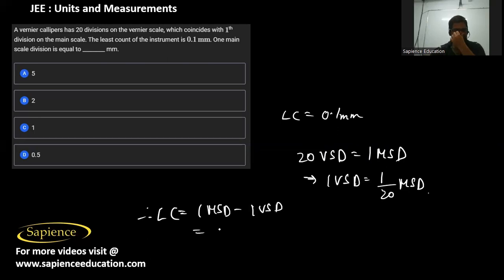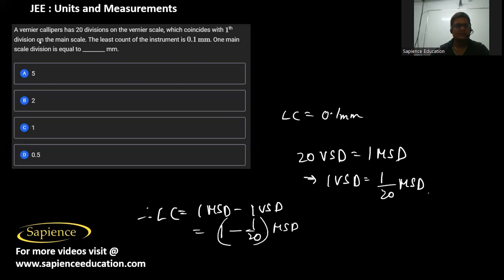So that will be equal to 1 minus 1 by 20 main scale division. And I think there is some mistake here, the question is wrong.